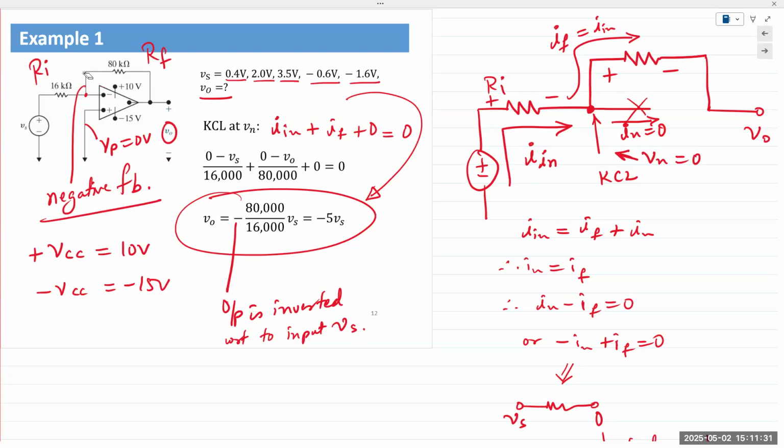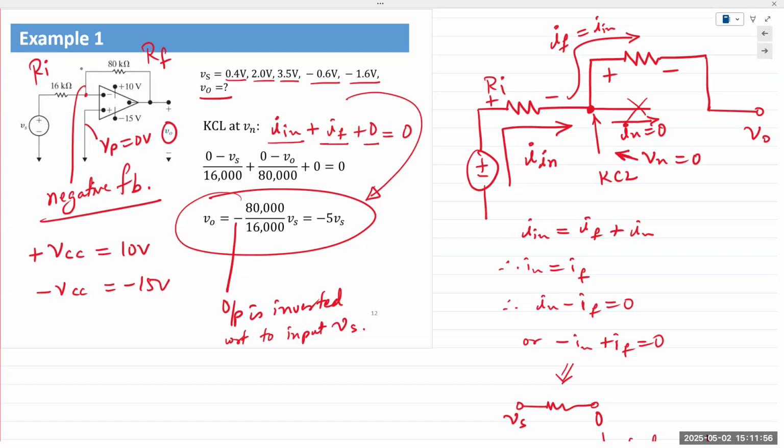So the standard analysis is to first check whether there is negative feedback. Second is to apply KCL at the inverting terminal. And then third is to solve it. That's what we did here. We had input current going in, feedback current, and then no current IN going into the terminal.